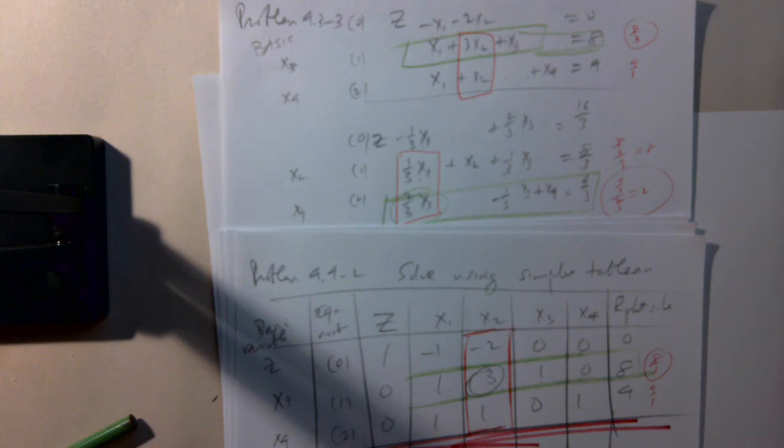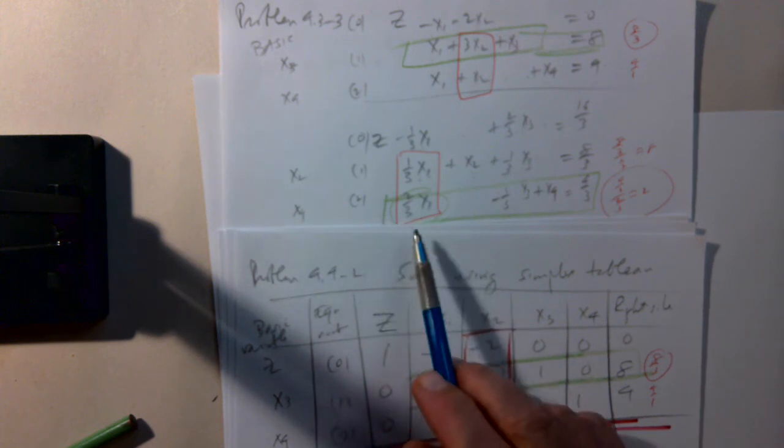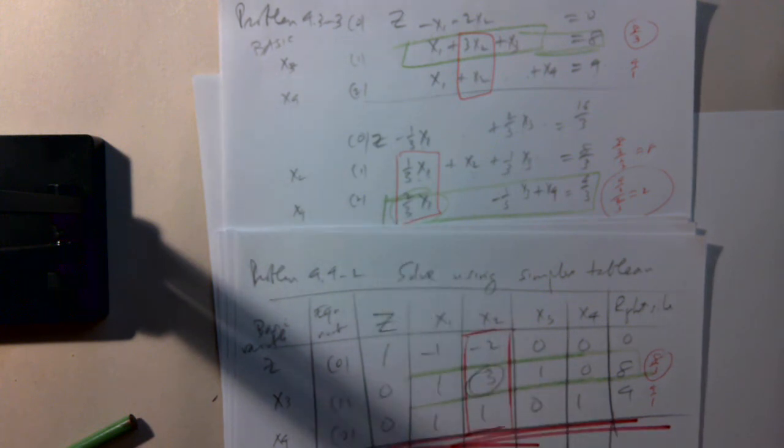And subtracting this line from the bottom line, because we want to have zeros here and here, right? What we get for line 2 is 0z, 2/3, 0, minus a third, 1, 4/3.